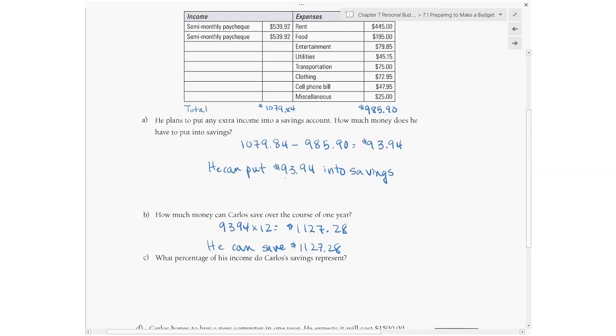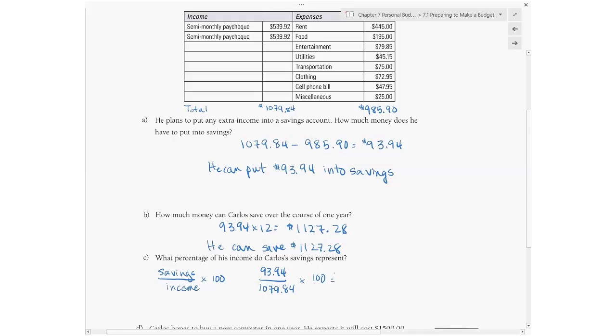And what percentage of his income do Carlos's savings represent? Well, he saves this much a month, $93.94, and he gets this much in. So the percentage of his income that is his savings means we're just taking his savings, dividing it by the income, and of course for percent, multiplying it by 100. So his savings are $93.94 per month. His income is $1,079.84 per month. And then we're going to multiply that by 100 because we want to make it a percent.